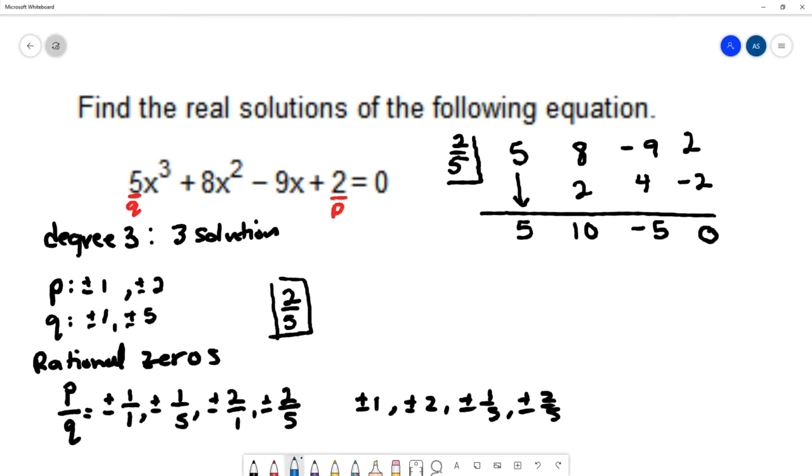So we started off with a cube and we reduced that by 1. So that means that this will represent 5x squared plus 10x minus 5.